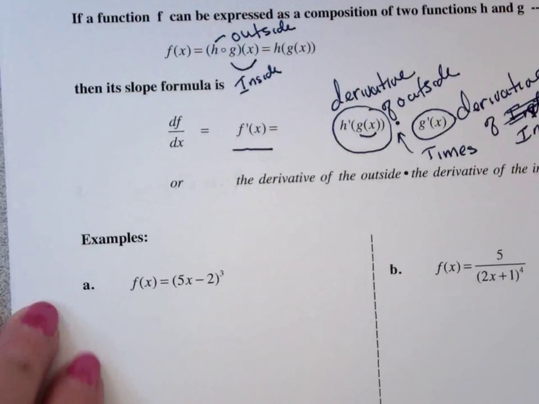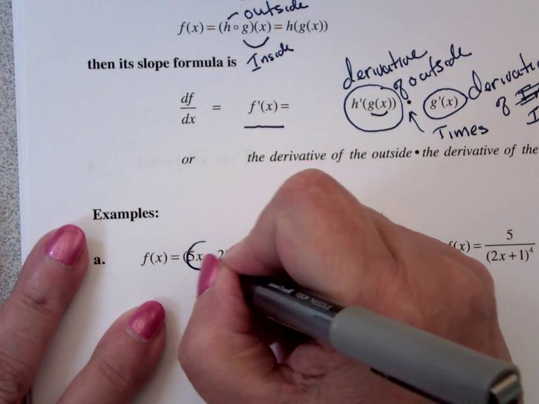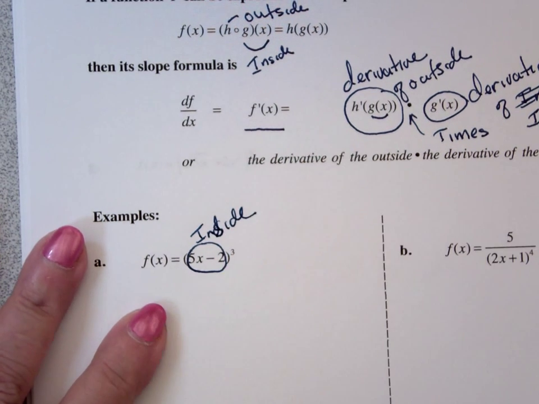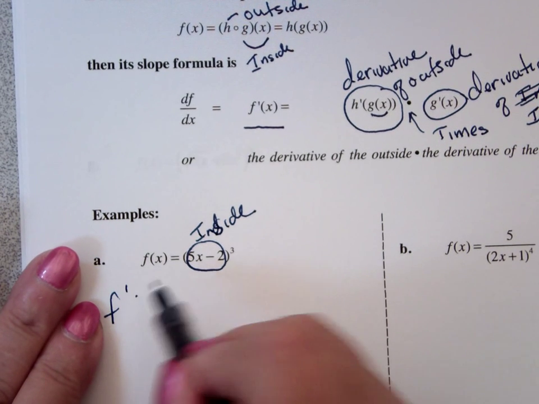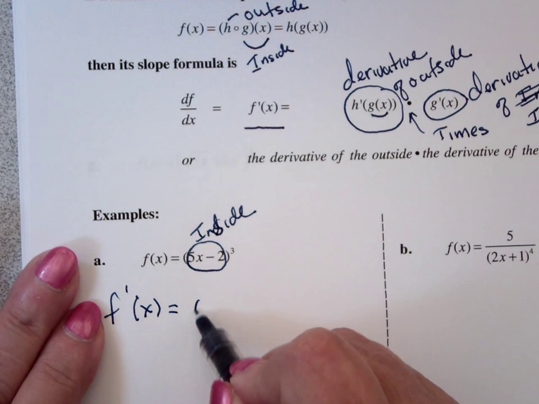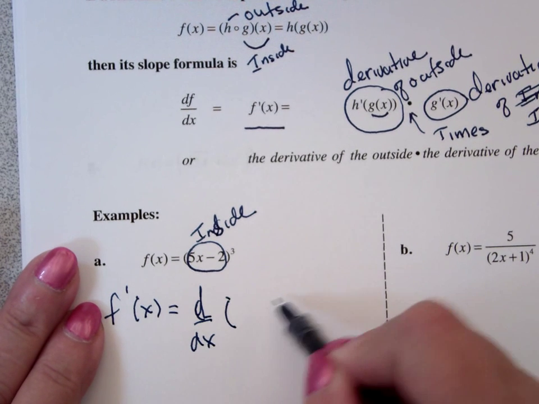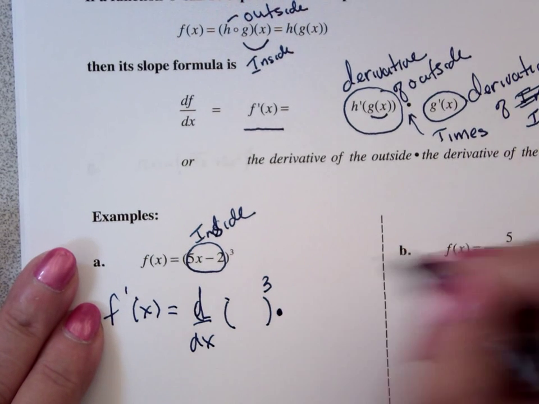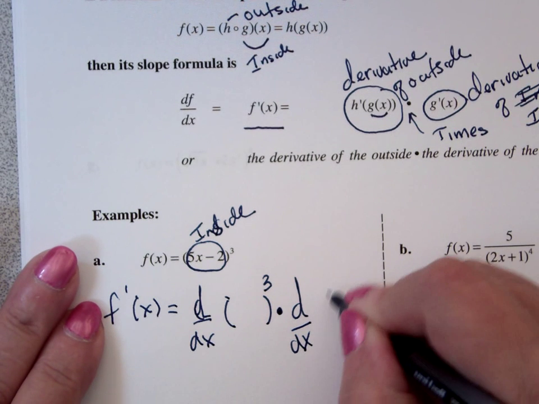So when I look at this one right here, this is my inside. So what am I going to do? It's going to be the derivative of the outside function times the derivative of the inside function.